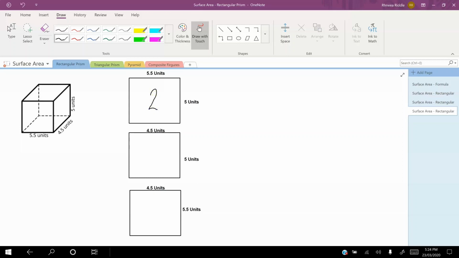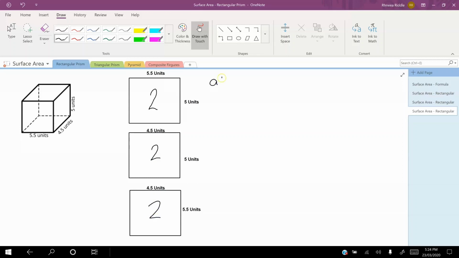We have 4.5 units by 5 units, which is this side one here. So it is the left and right side faces, and there are 2. And 4.5 and 5.5 units, which are the top and bottom faces, and there are 2 of those as well.